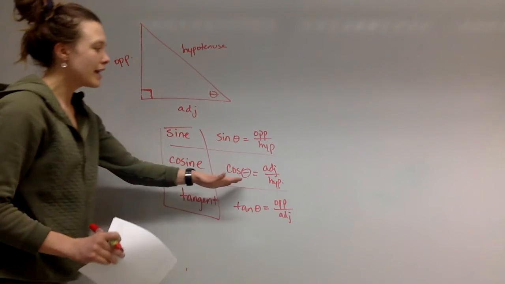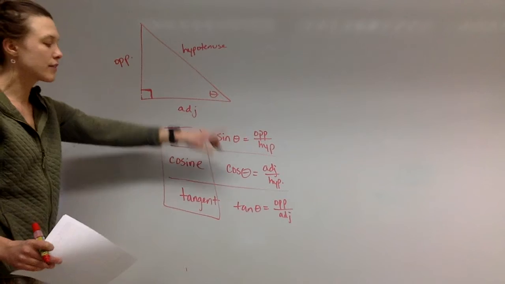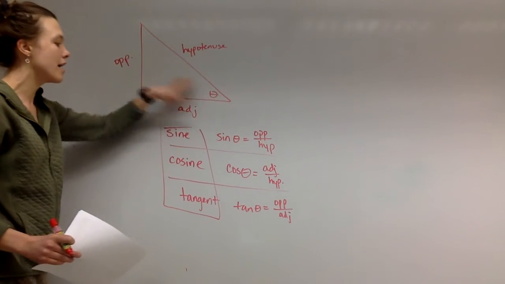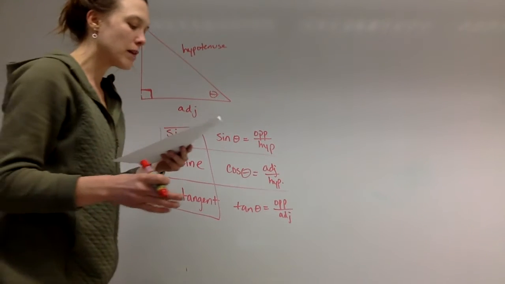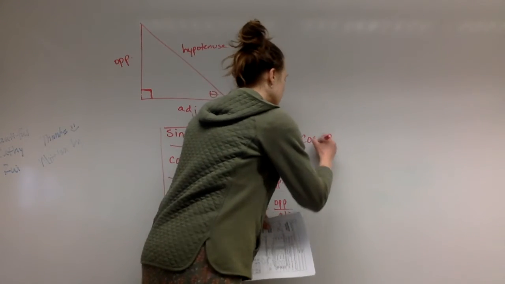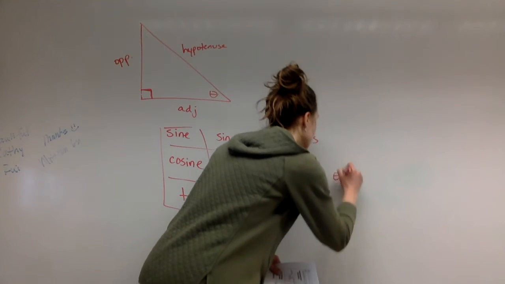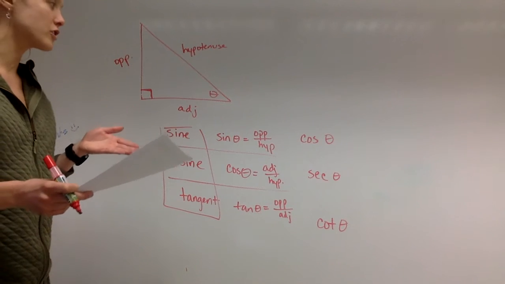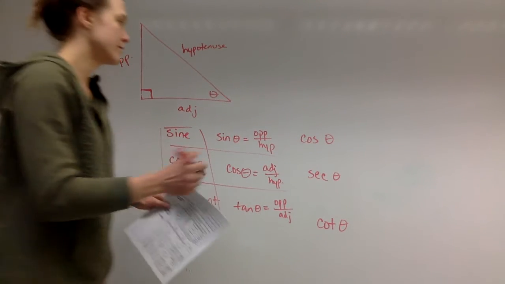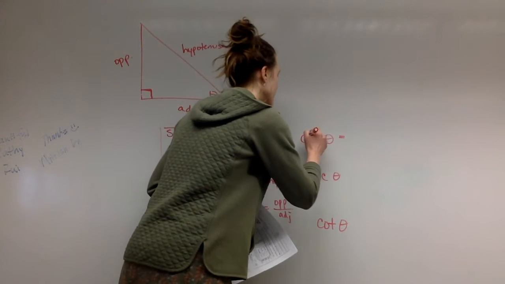Cosine of theta is equal to adjacent over the hypotenuse with regard to theta. Tan of theta is opposite over adjacent. And that next column, cosecant, secant, and cotangent, are what are known as reciprocal functions. Cosecant is CSC. Oh yeah, sorry, not cosine.